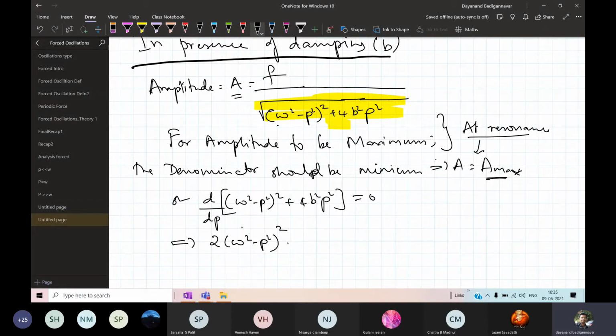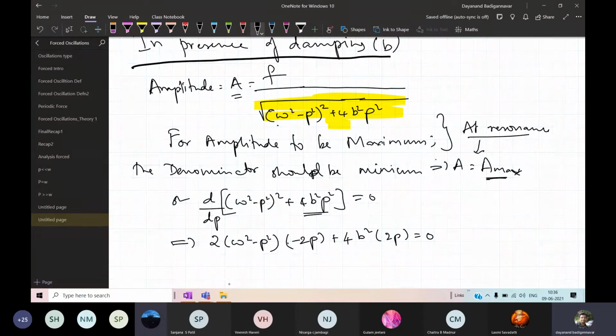This also I have to differentiate. So 2 into (omega square minus p square) gives you 2, and differentiating the inside term, minus p square, gives minus 2p. Then go for the second term. It is 4 as it is, b square as it is, and I have to differentiate with respect to p. Therefore, it is 2p into 0.